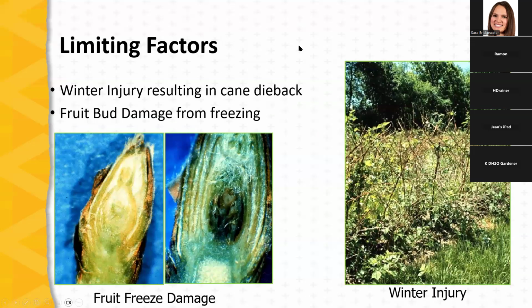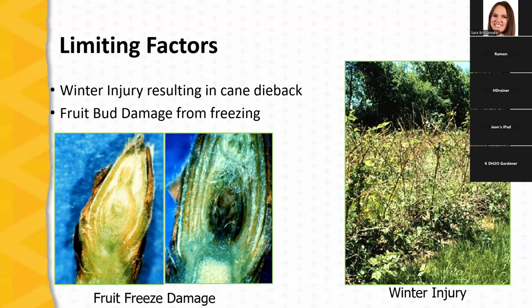As I mentioned before, cold injury, a hard freeze, can kill the bud. Especially when the hard freeze comes early in the fall or early winter, it can kill those buds because they have not adapted to cold temperatures yet. A couple of years ago, we had a very low production of blackberries because of the hard freeze that we had in December.